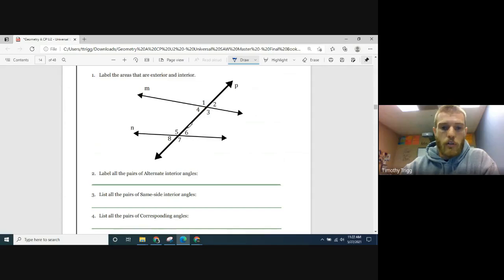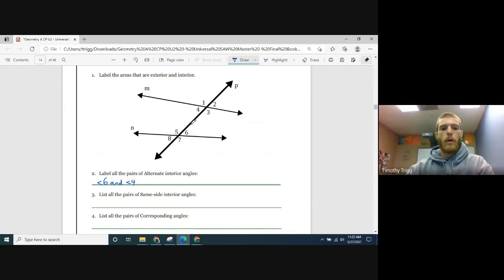So first, let's look at angle 6 here. The alternate interior angle to that would be on the alternate side, but also interior. So that would be angle 4. So what we're going to write here is angle 6 and angle 4.